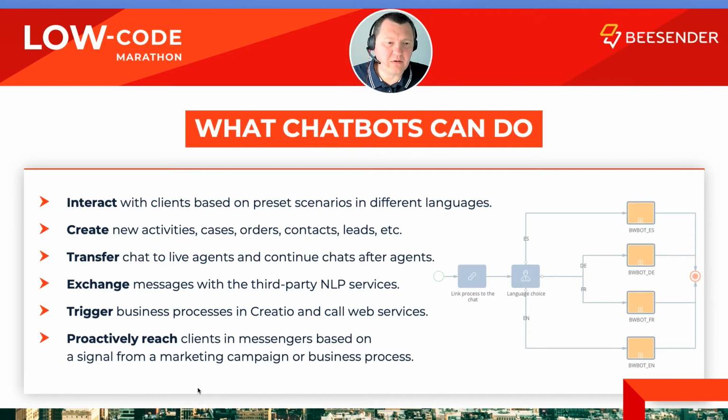After authorization, we can take that request, and based on that request, we can call a web service, and in return, we can get inside Creatio the necessary information about the account balance from another software system. And after this data is saved inside Creatio, the chatbot will be able to show this information to the client.